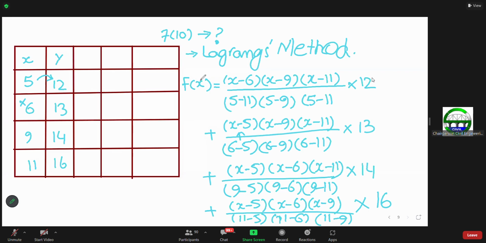So now we want to find x equal to 10. Put the value 10 everywhere, right? Once you put the value of 10, you will get f of x. It will be your answer.